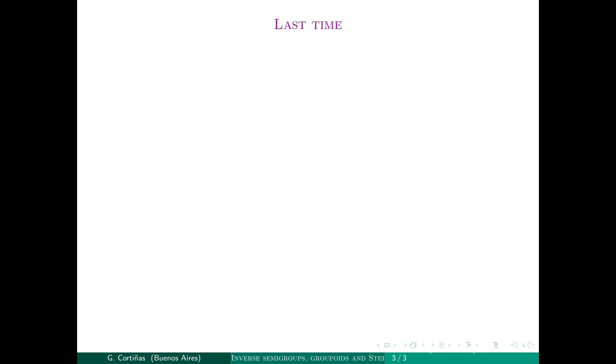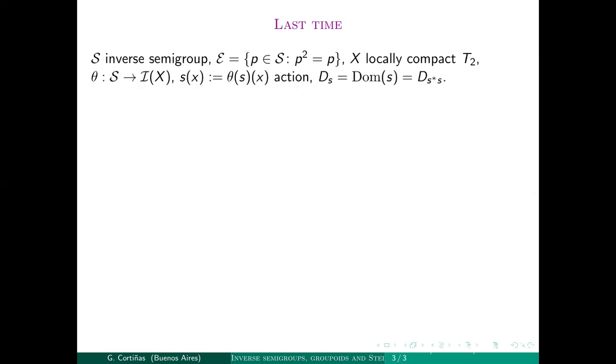Let me recall from last time that if we have an inverse semigroup S, and sitting inside S we have E, the idempotent elements, and we have a locally compact T2 space X, and an action θ. Then we write X_s for the domain of θ_s, which is the same as the domain of s*s.